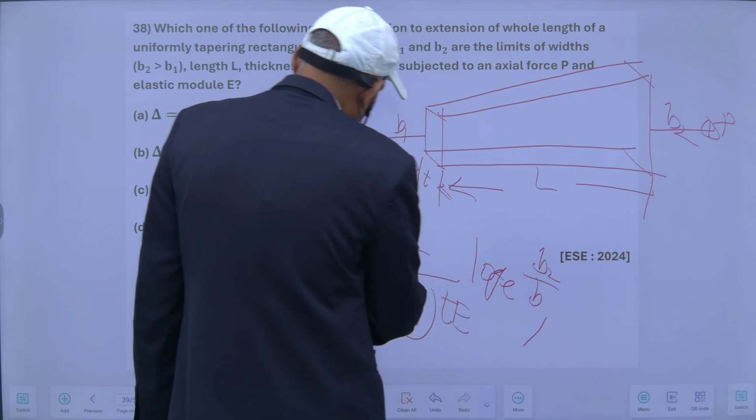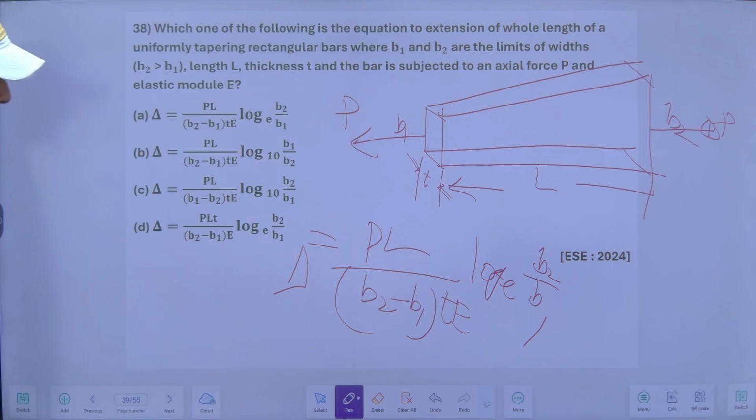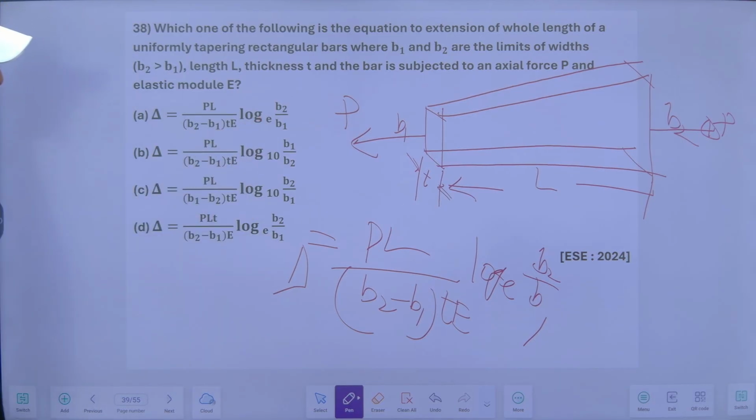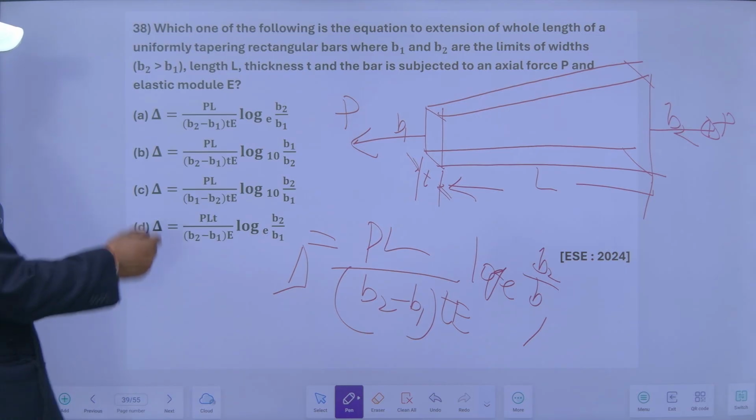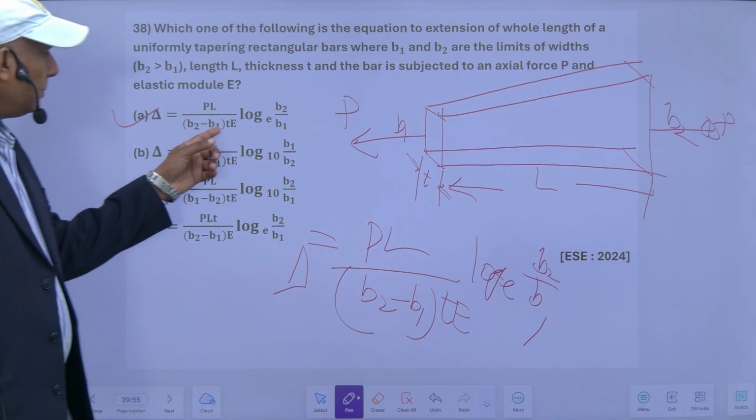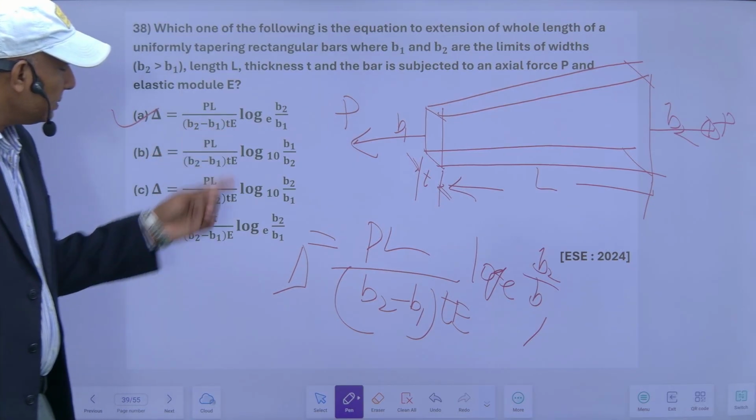So this was the formula which I explained. So PL upon (B2 minus B1) into t into log e B2 upon B1. So this is the right answer. So t is in the bottom, PL upon this one. So this is the right answer.